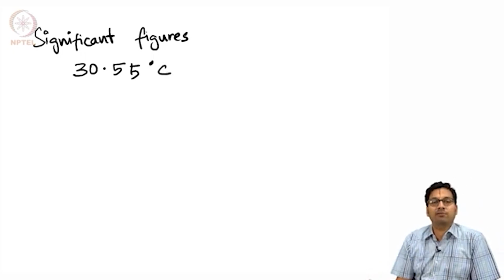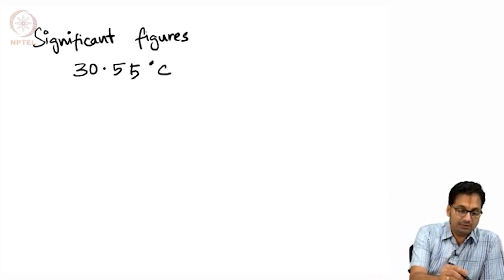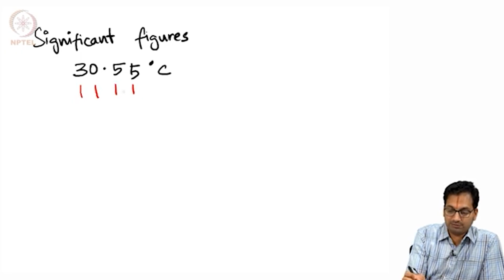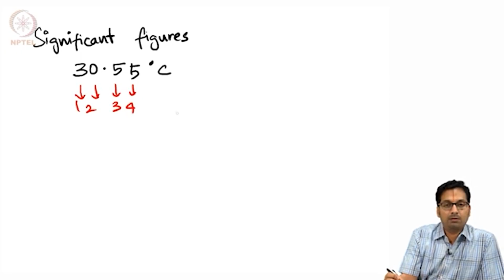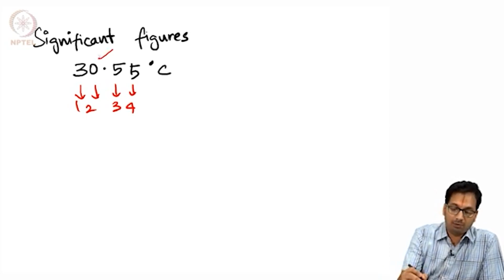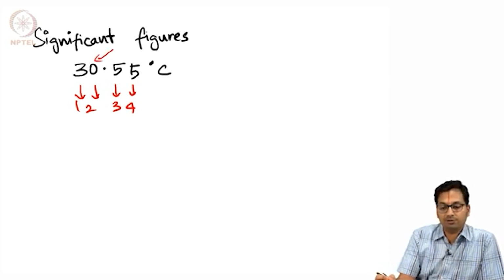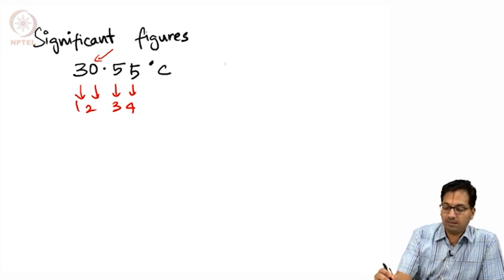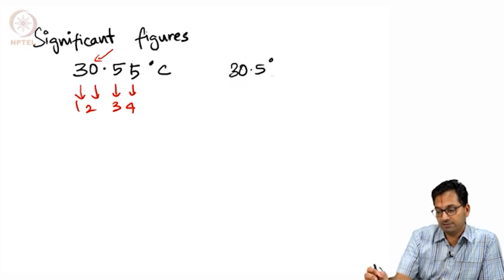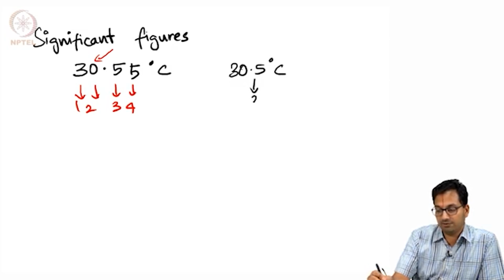So, how many significant figures are here? One would say that there are 4 significant figures. On the other hand, one has to be careful about how 0 comes into play. If I had given the same thing as 30.5 degrees Celsius, we would only say there are 3 figures.